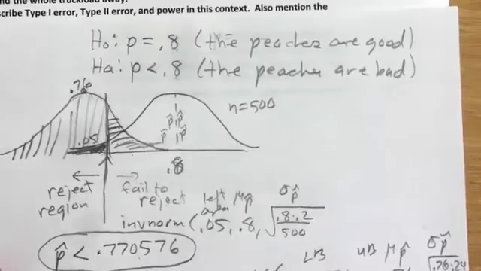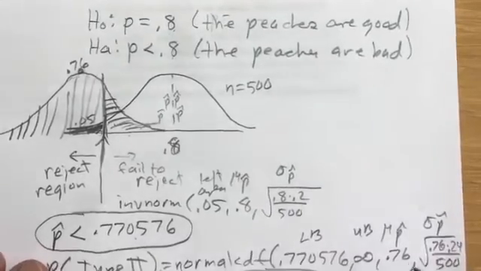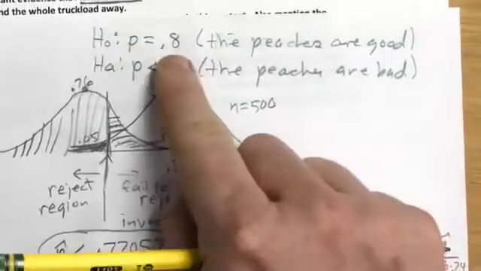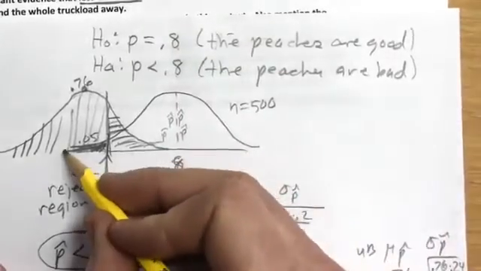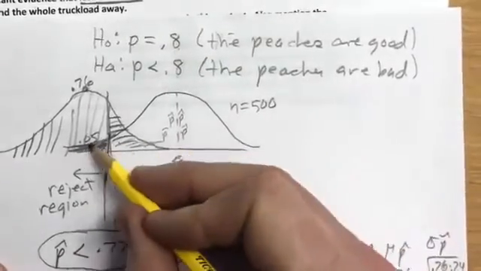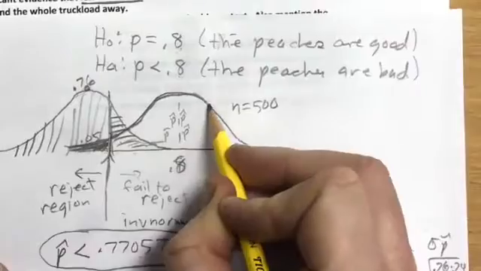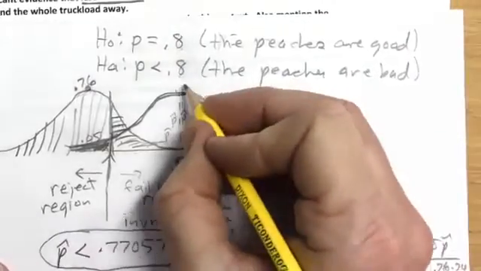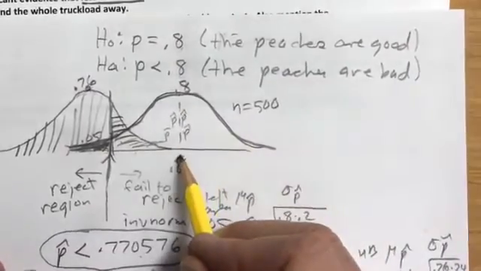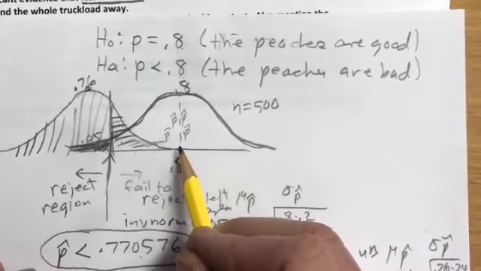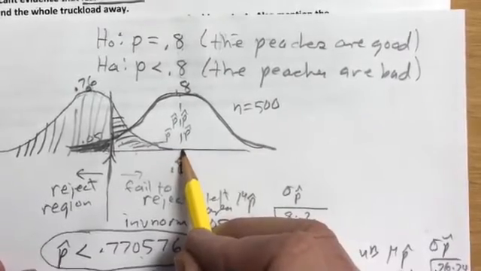If you think about that, hopefully that will help. What is type 1 error? Well, type 1 error is when the null is true, but yet you reject it. If the null is true, that takes us back to this first curve, 0.8. In other words, the p-hats really are centered at 0.8. So what would cause me to reject this good curve?